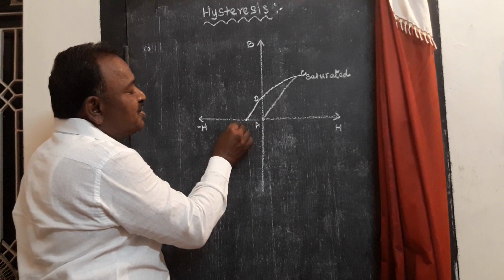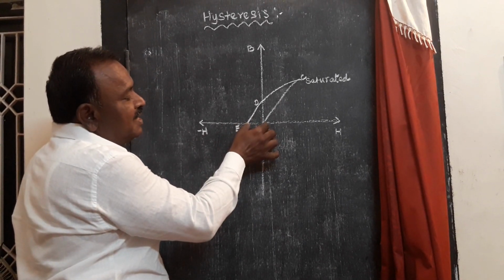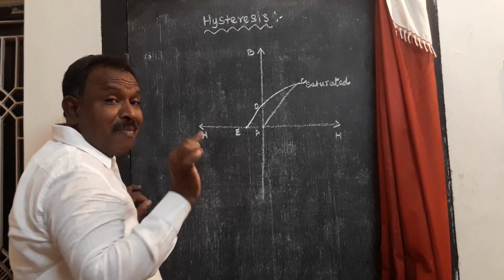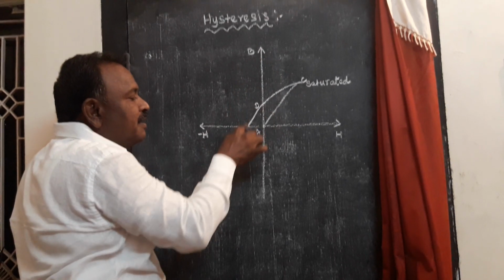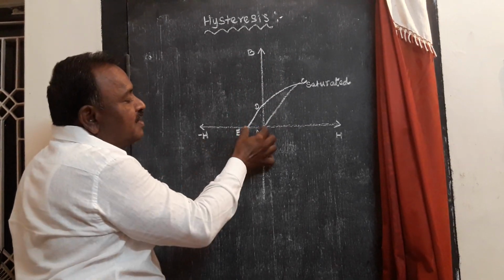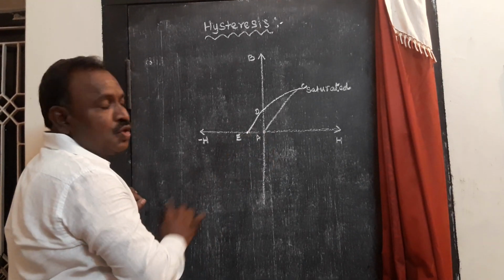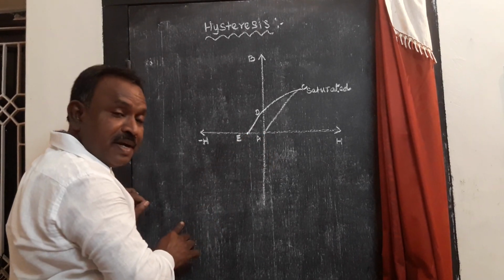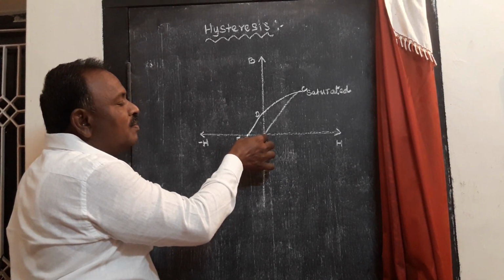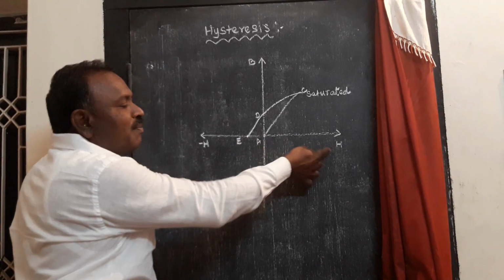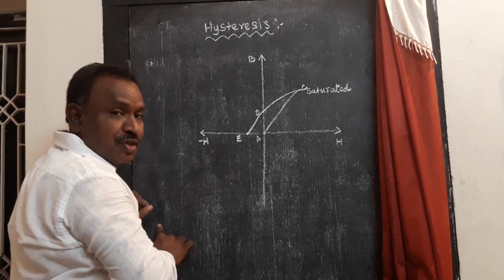This is represented by AE. This AE is the negative magnetizing field which brings the magnetic induction to 0, and it is called coercivity. So coercivity of a magnetic material is the magnitude of the negative magnetizing field that brings the magnetic induction to 0.